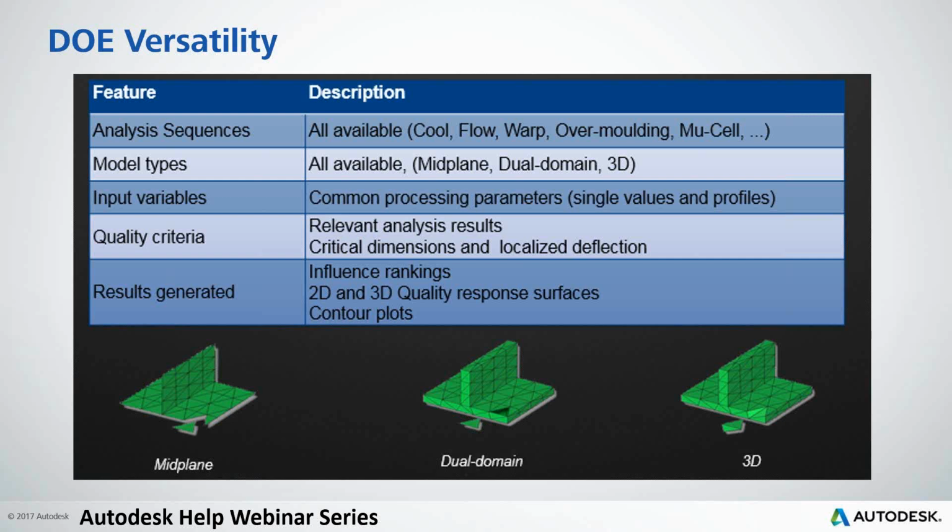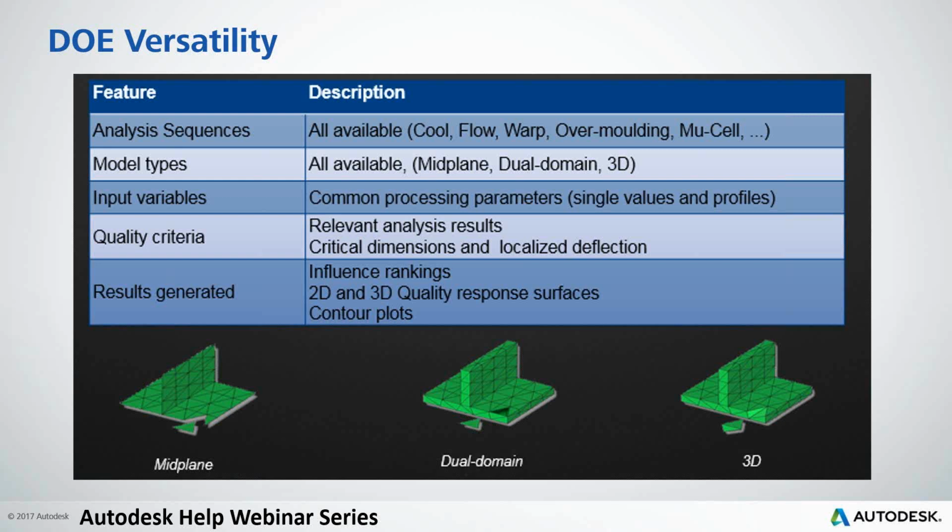A design of experiments can be used in a number of situations. So, for example, a DOE can be performed to compare alternatives, such as determining which pack time is better for your part's warp. They can be performed to identify significant variables. So, for example, if your tool is pressure limited, which variables affect the pressure to fill the most?